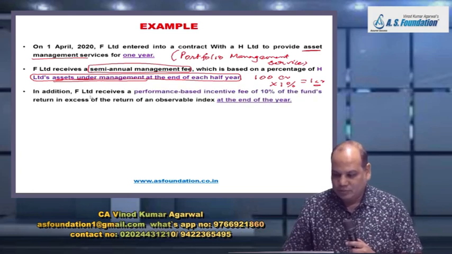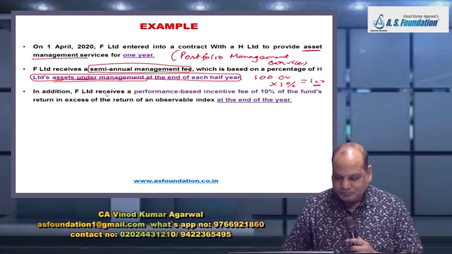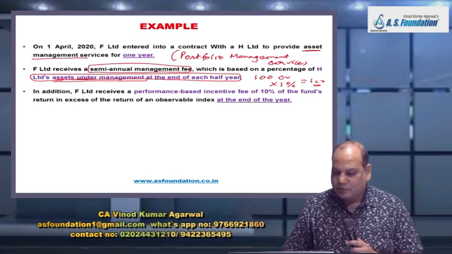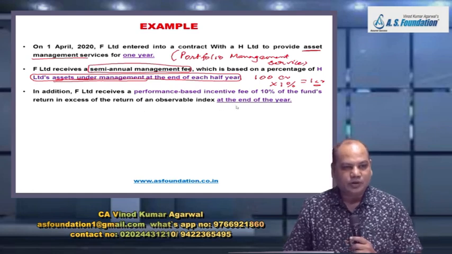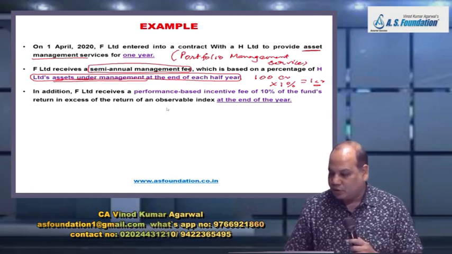In addition, F Limited receives a performance based incentive fee of 10% of the fund's return in excess of the return of an observable index at the end of the year. Now this revenue will depend on performance.